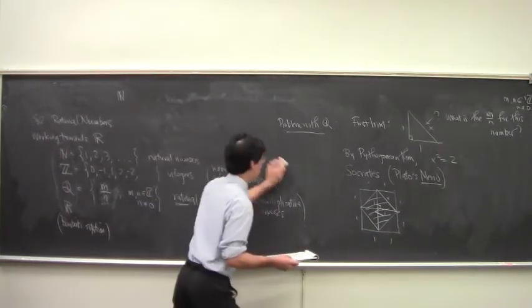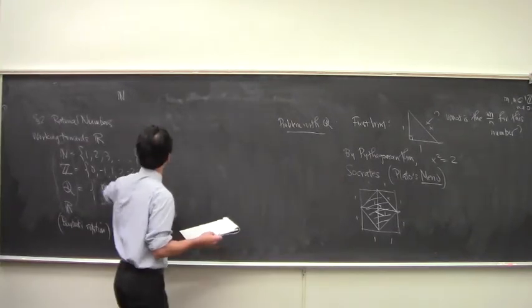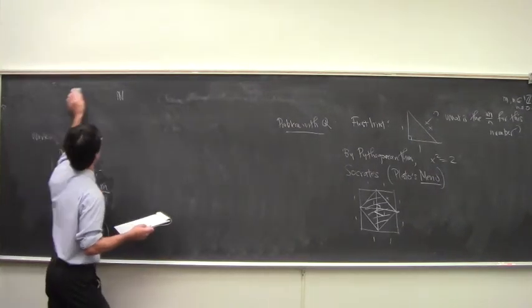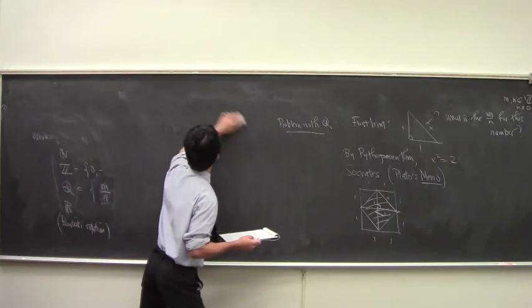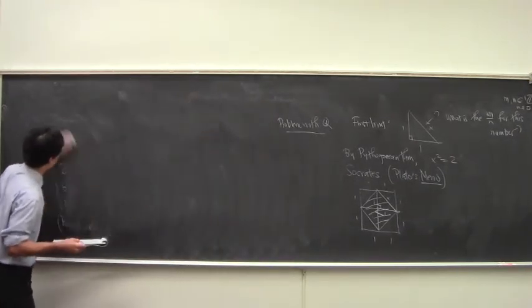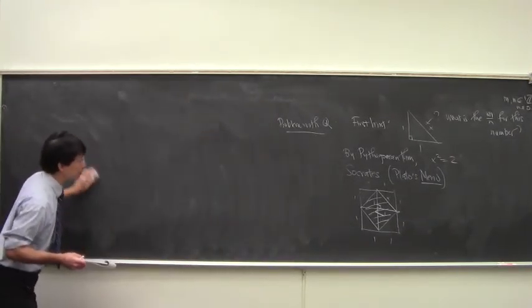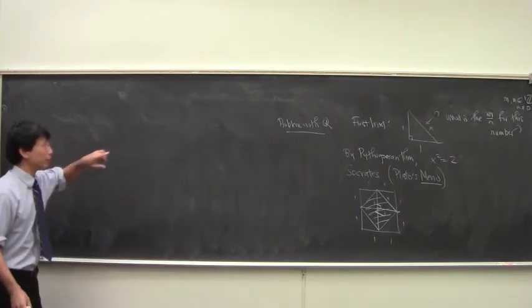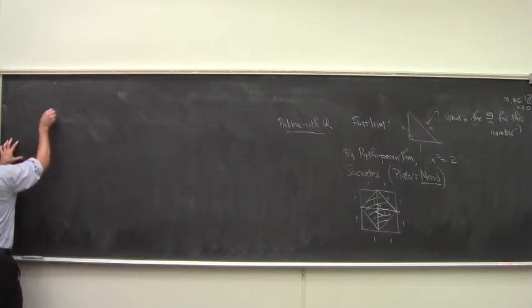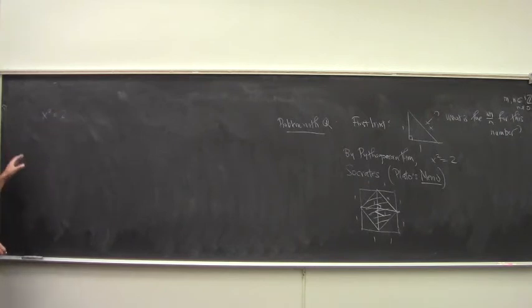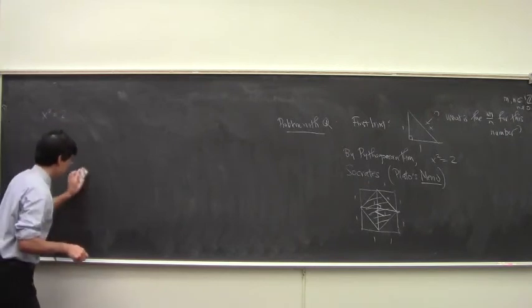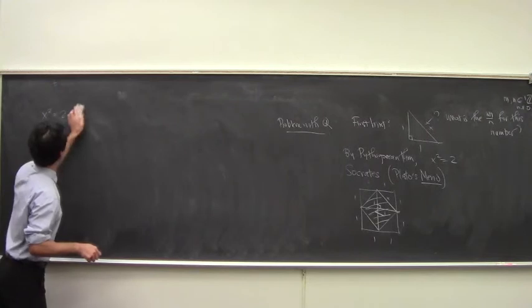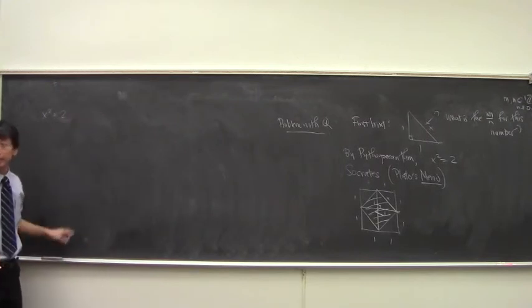Okay. So you have this thing, and you know that x squared is 2. And so it was a big question for them: what are the m and n that express this?